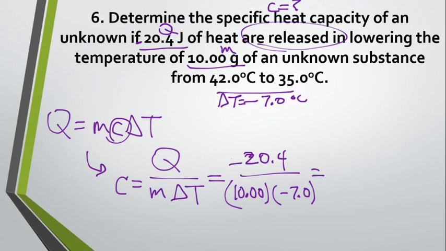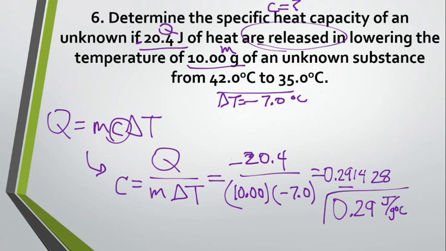So if I plug all of this in and calculate my answer, I get 0.291428, and I really just want to keep those first two sig figs, not the first three, because of that temperature there. So 0.29 and those crazy units for my C, of course.